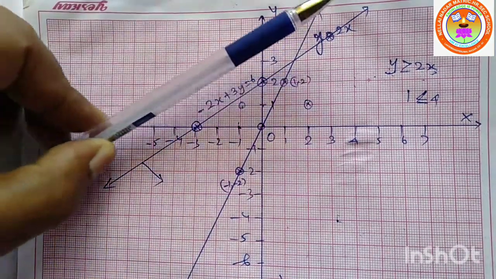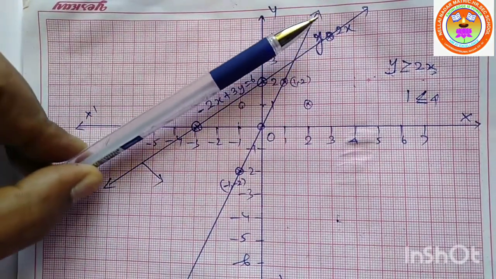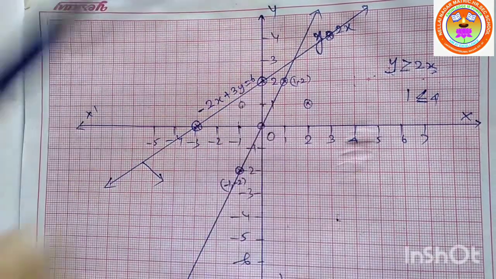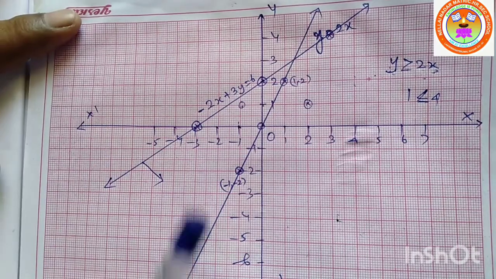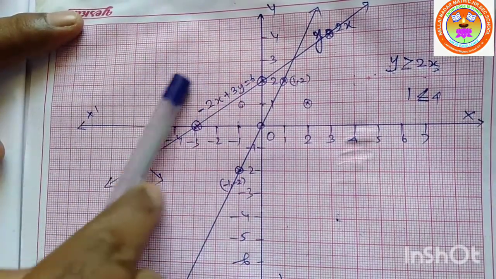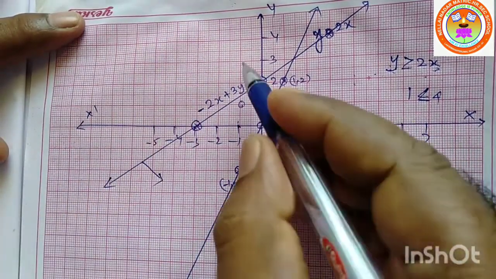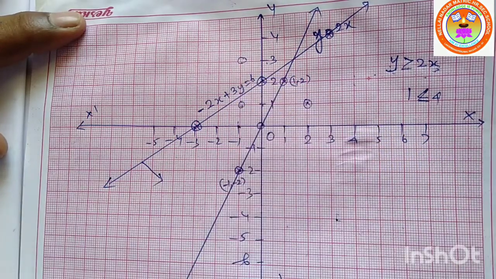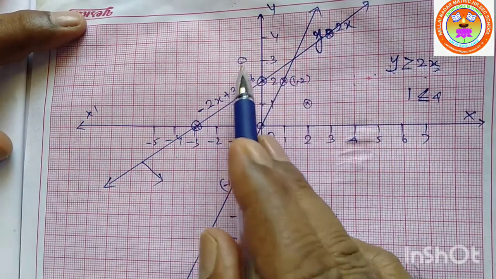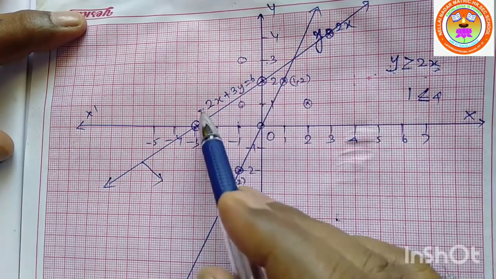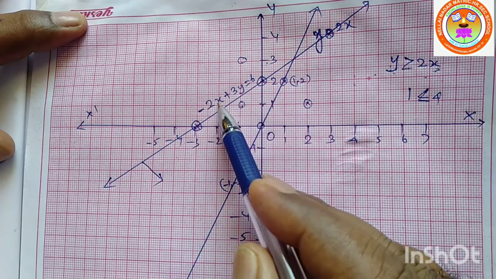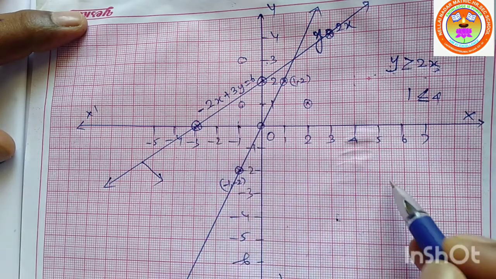Now come to the second inequality. The second inequality is this one, no? Minus 2x plus 3y is less than or equal to 6. If we take some values in the left side of this line, take one value, minus 1 comma 3: x value minus 1, y value 3. When we apply here, minus 2 times minus 1 is plus 2.